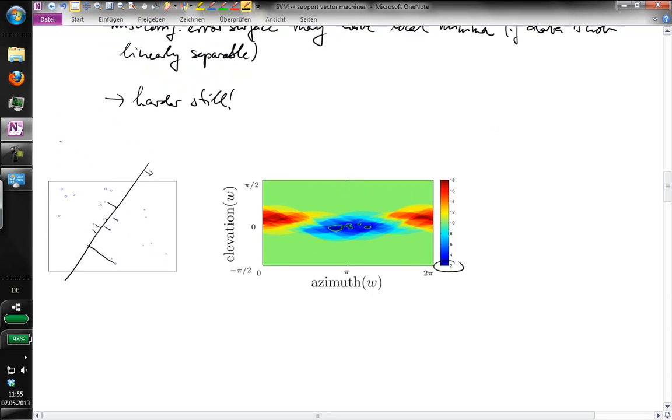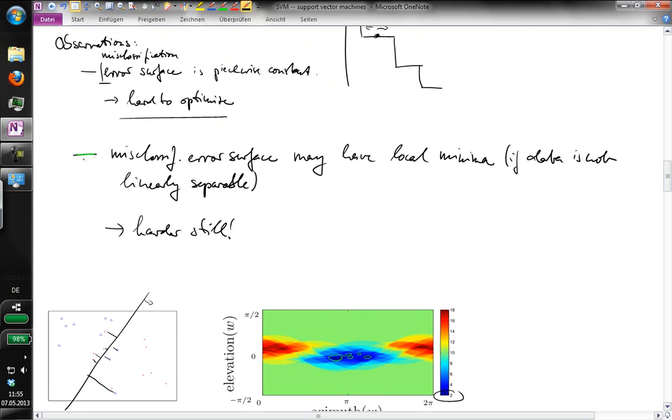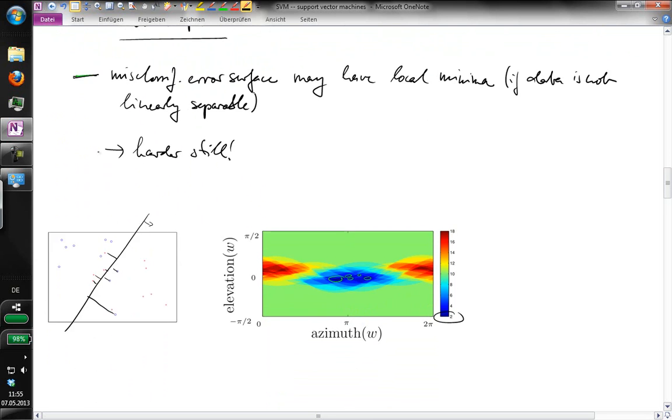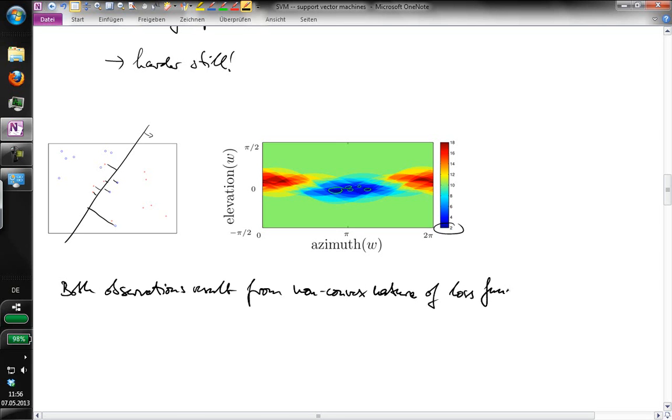Now, both these observations that I made up here, both these statements are a consequence of the loss function being non-convex. So both observations follow from the non-convex nature of the loss function.